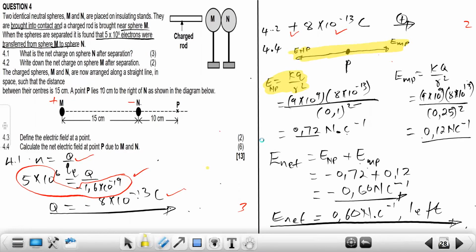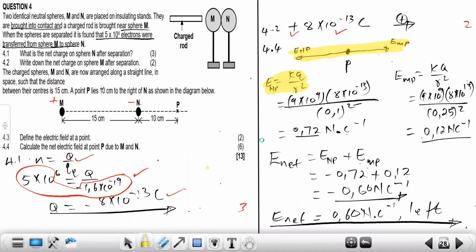Sir, I just wanted to ask at 4.2, when they tell us that electrons were transferred from M to N, does that mean even after they touch and even after the electrons are transferred, the charges are still going to be identical? 100%. Remember, it's charge quantization. So the charges are going to be identical.